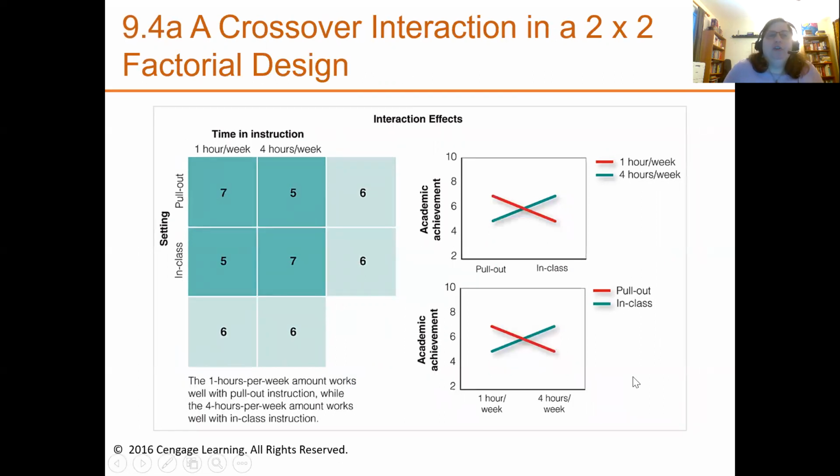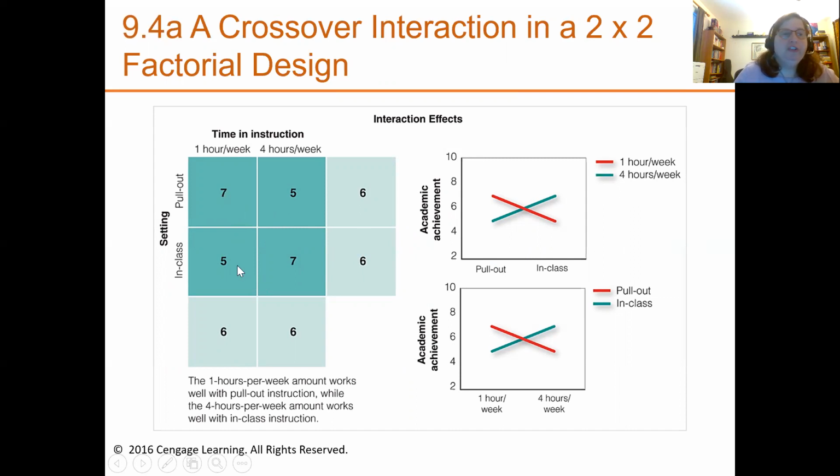Here is a crossover interaction in a 2x2 factorial design. So what's happening here? Well, it looks like the opposite effect is happening for each group.